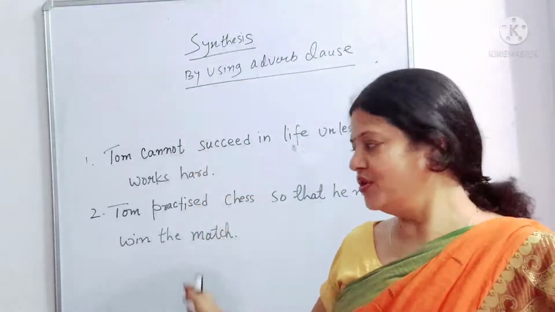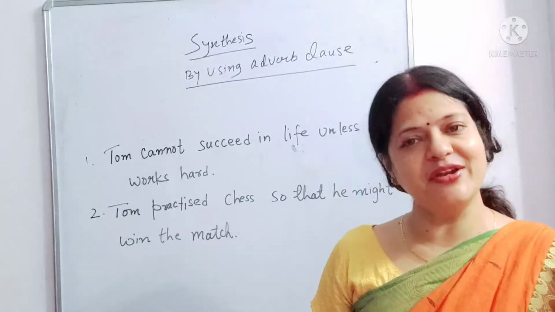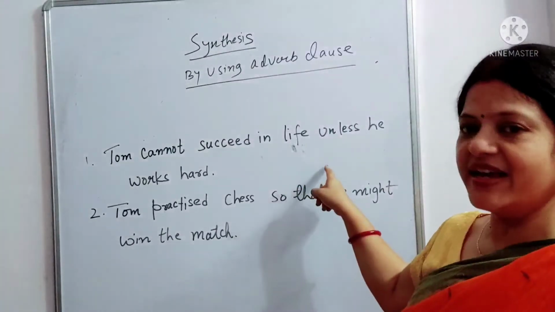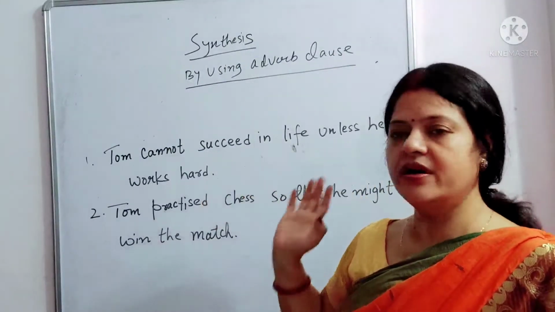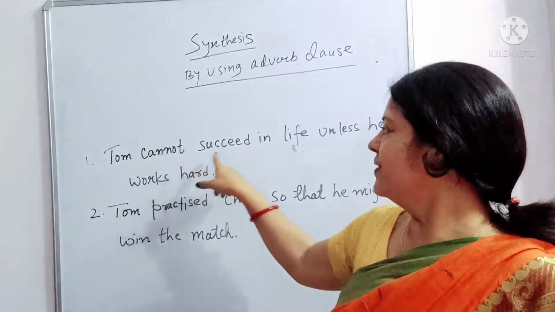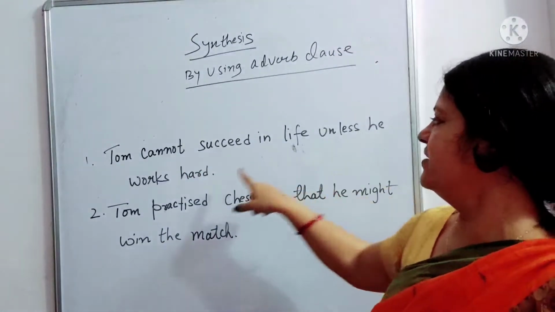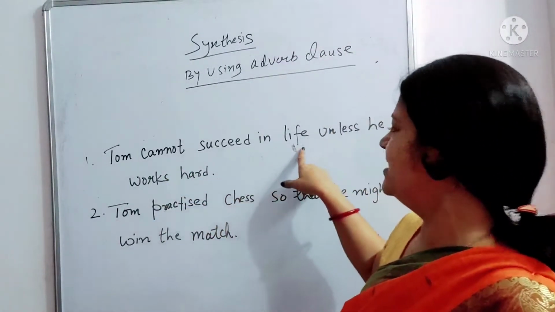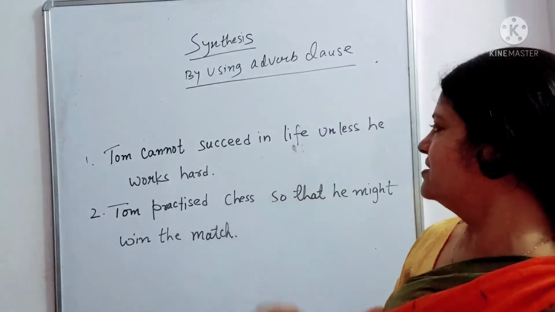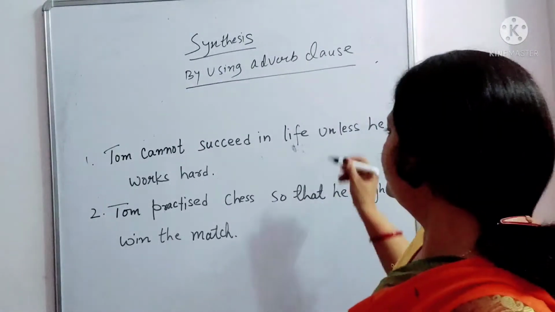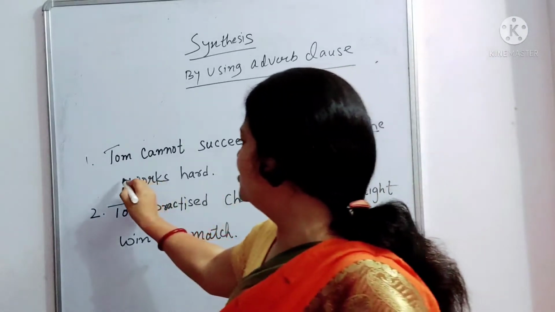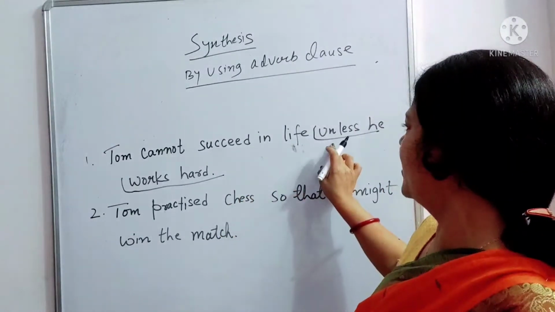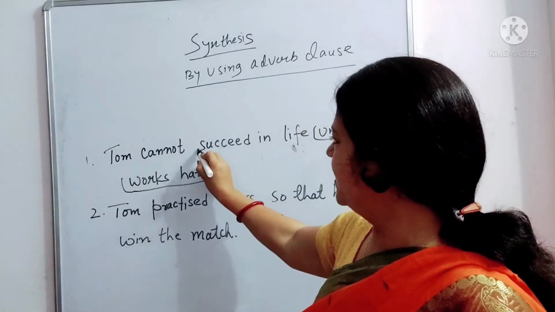Here on this whiteboard, I have written two examples of adverb clause. Let's read out. Tom cannot succeed in life unless he works hard. I'm repeating: Tom cannot succeed in life unless he works hard. In this sentence, unless he works hard is an adverb clause, and this adverb clause is modifying the verb in the main clause.